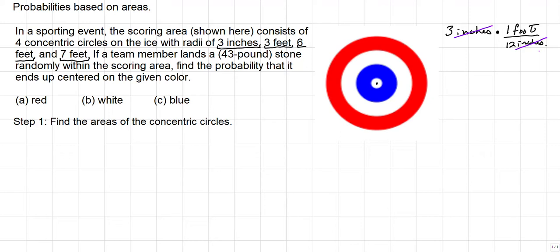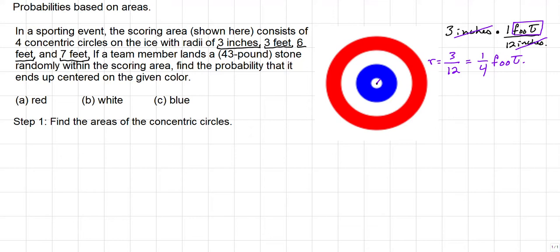Inches will divide into inches, and I don't have to worry about them anymore, which means that my resultant value will be in feet. So then 3 times 1 over 12 is 3 over 12, which is going to simplify to 1 over 4. So this is going to be 1/4 of a foot. And so when I look at this inner circle, I know that the radius, R, is equal to 1/4 feet.